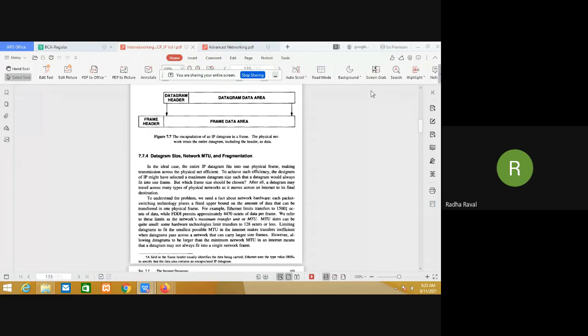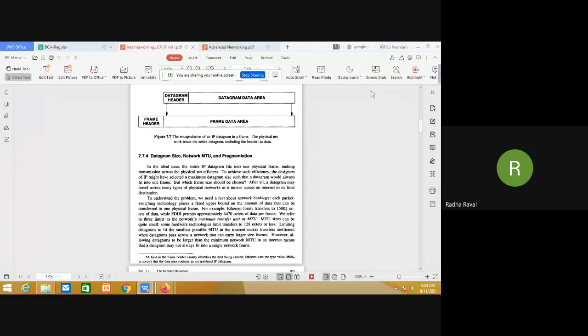If I am talking about hardware, then whatever data is passing from hardware to hardware is inside the frame. Each packet switching technology places a fixed upper bound on the amount of data that can be transferred in one physical frame. So there is a limit on the data you can put into one frame. Multiple frames are transferred across the network, but in one frame there is a limit.